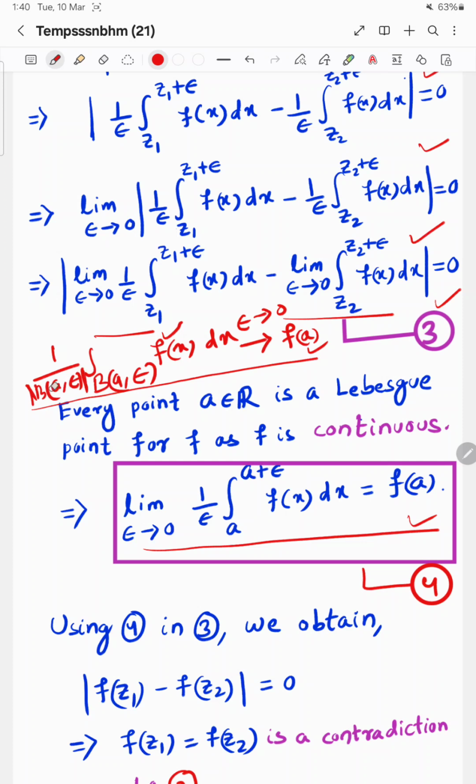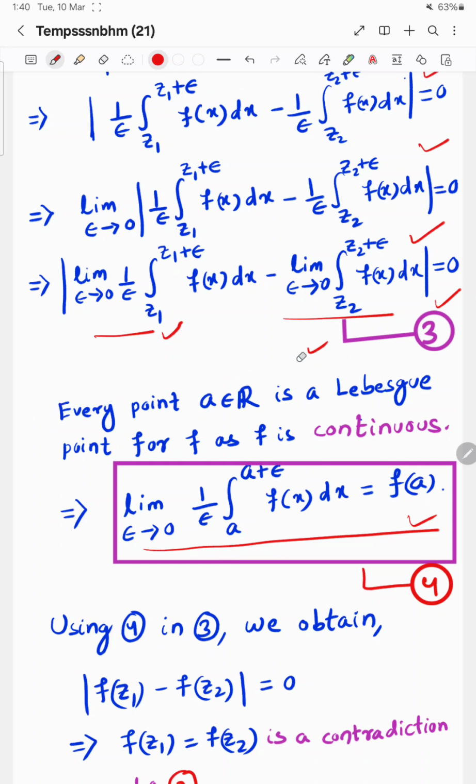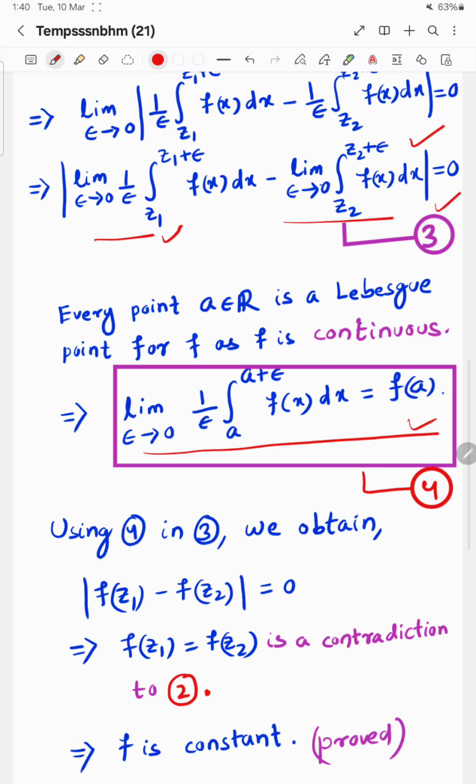But in this limit form, it is a particular case of the Lebesgue point. Here our ball is nothing but the interval from a to a plus epsilon, and its measure is its length, which is epsilon, because a plus epsilon minus a gives epsilon.